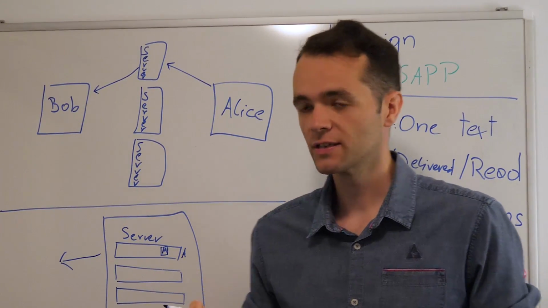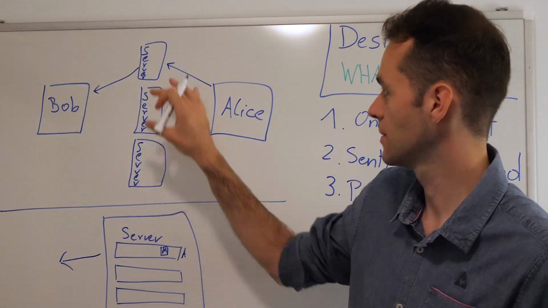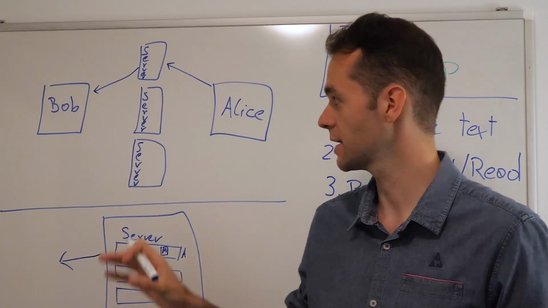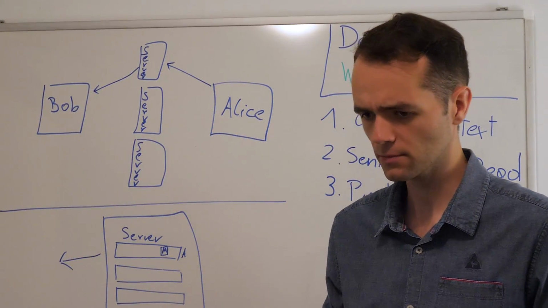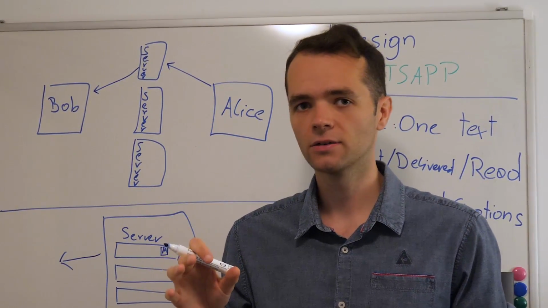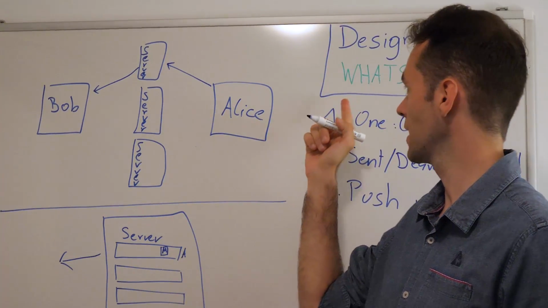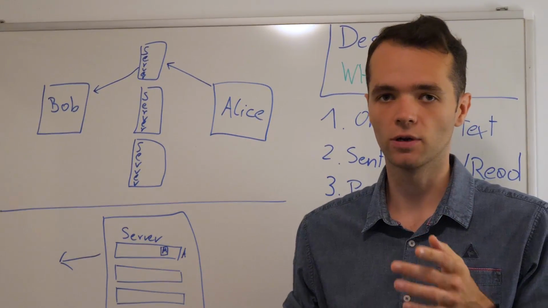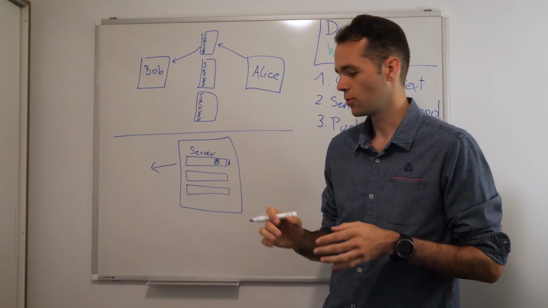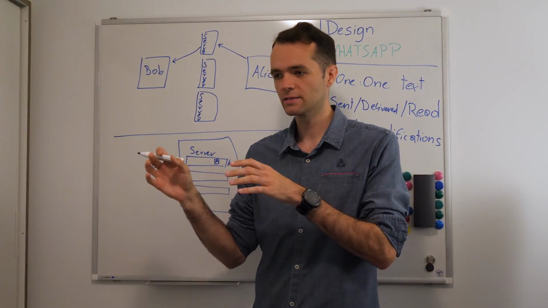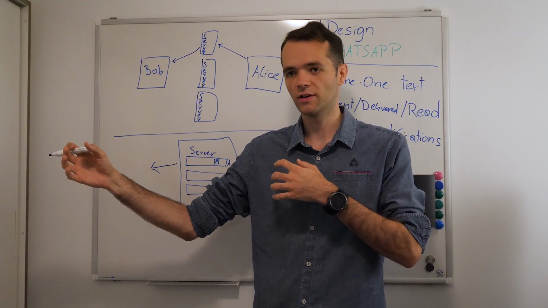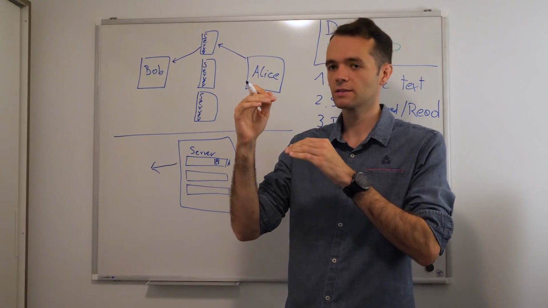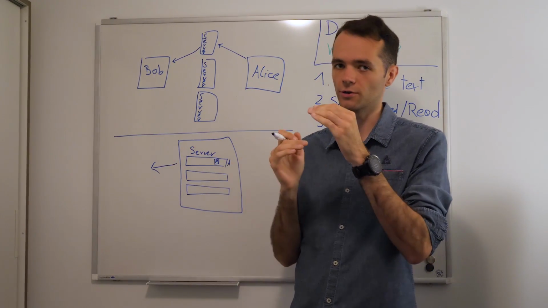Okay, now we have a rough design of servers, multiple servers being horizontally scaled, and how they relate to those two parties. And let's think about a characteristic you maybe have noticed in WhatsApp or other messaging apps. When you send a message and you are offline at this moment, or maybe the other party is offline, it can happen that messages get delivered in the wrong order.